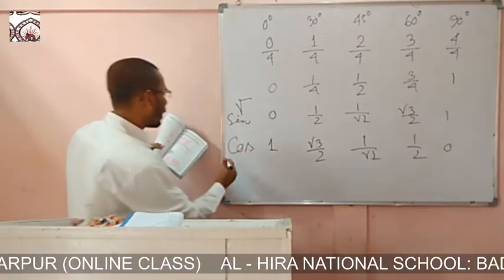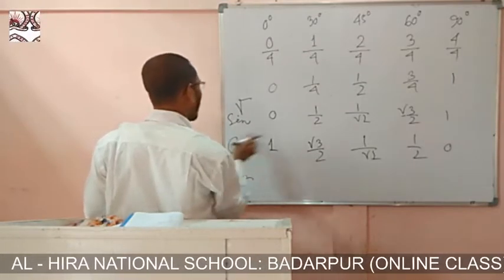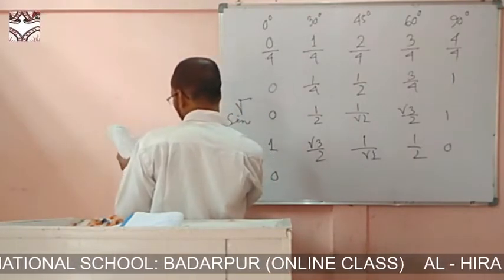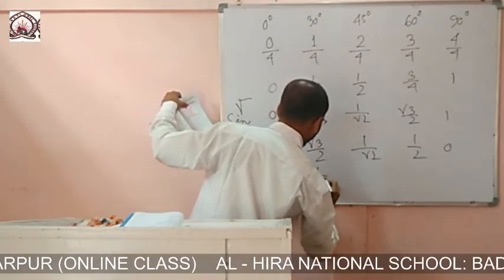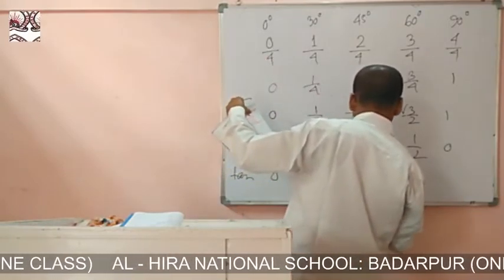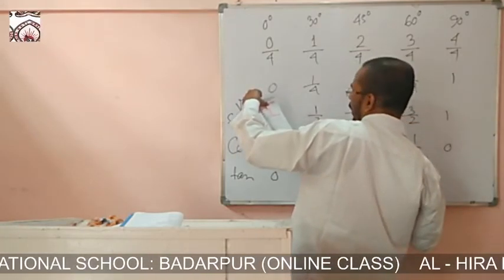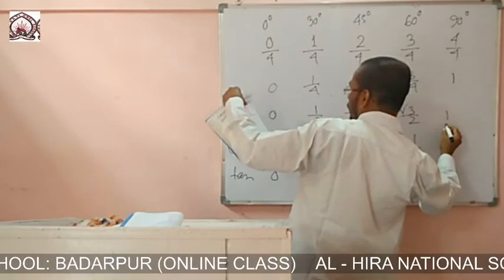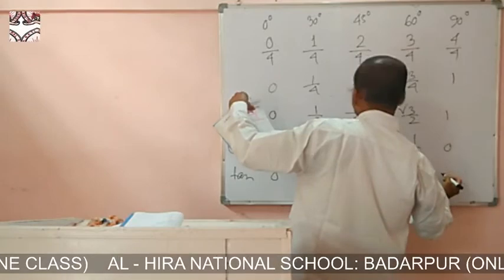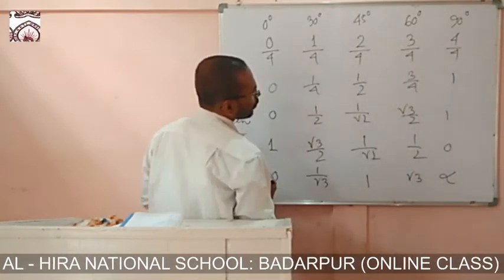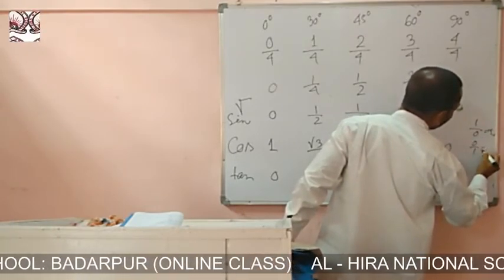Now tan theta is sin theta by cos theta. So sin theta by cos theta, 0 by 1 is 0, and then 1 by root 2 into root 3 by 2 is 1 by root 3, and 1 by root 2, 1 by root 2, this will be 1, and then this will be root 3 by 2 into half, this will be root 3, and this will be 1 by 0, which is infinity, because 1 by 0 is infinity, but 0 divided by 1 is 0.